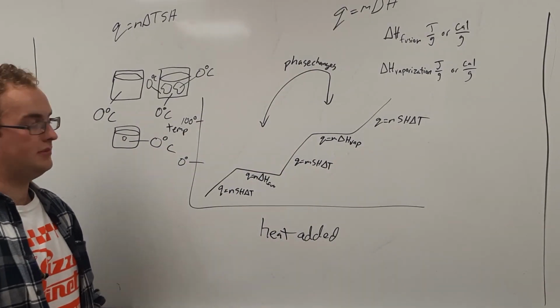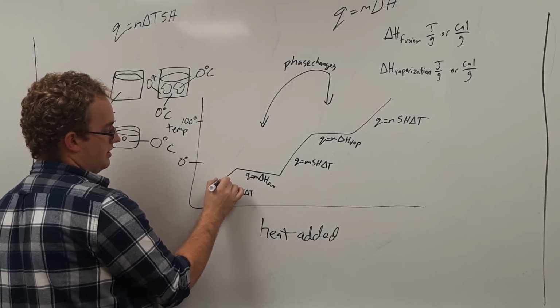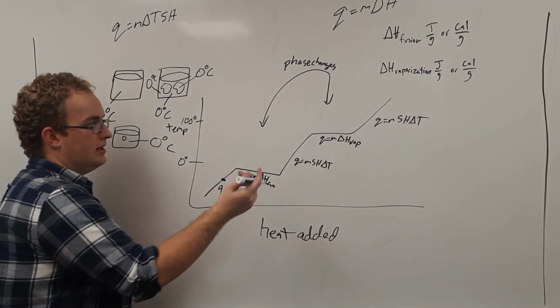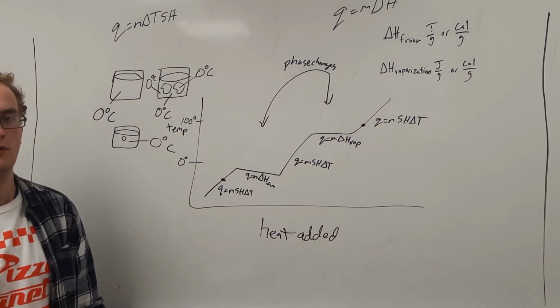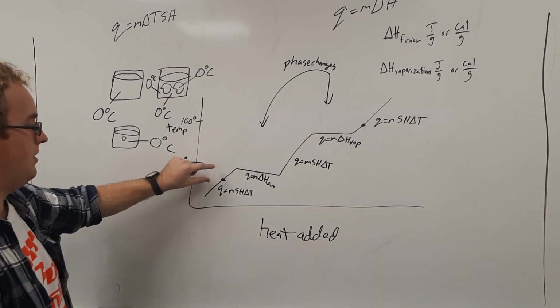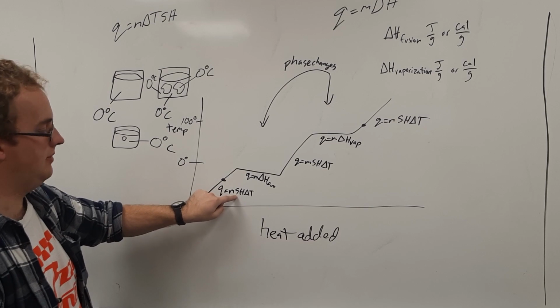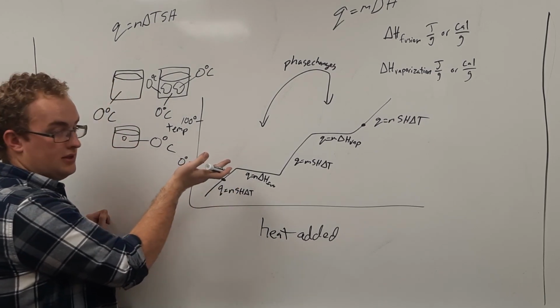Let's say you have a problem that told you you have a certain mass of a substance and it starts at this temperature and you want to heat it to this temperature. Then you have to be careful to use your equations for each interval that you move across. So let's say we have Q equals m times specific heat times delta T for this little part right here, where it goes up to 0.